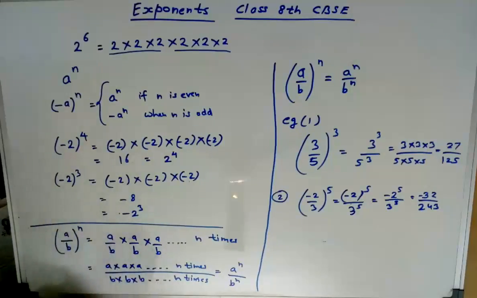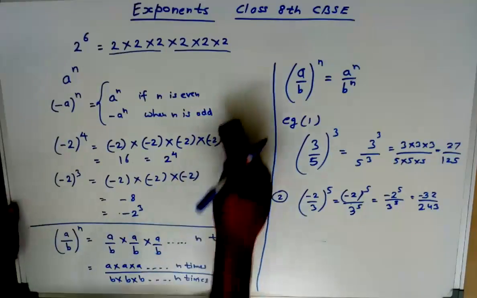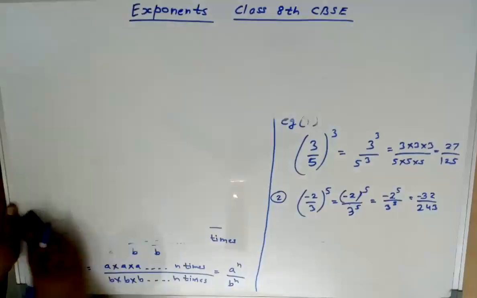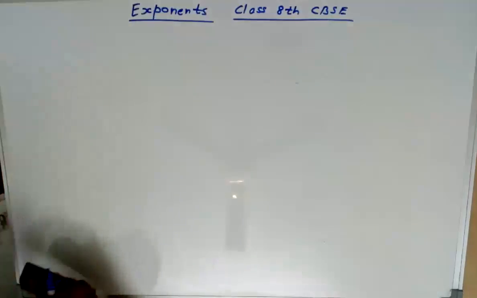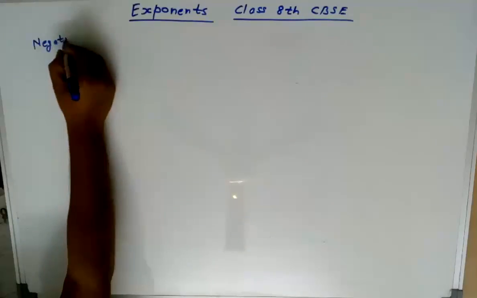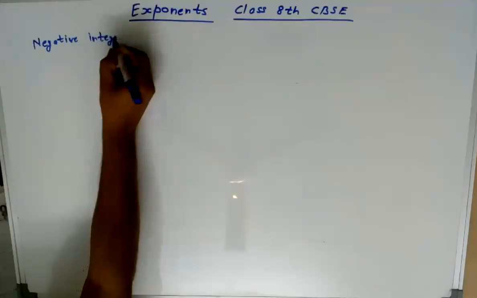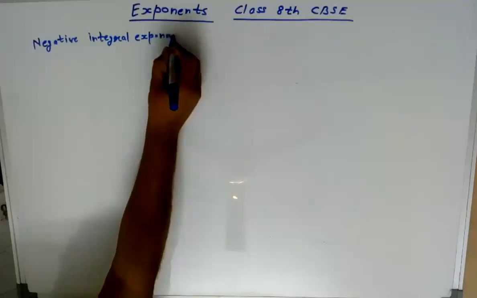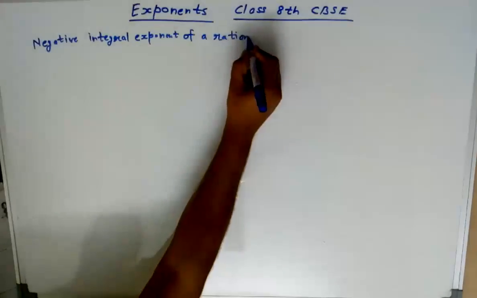So now let us discuss negative integral exponent of a rational number.